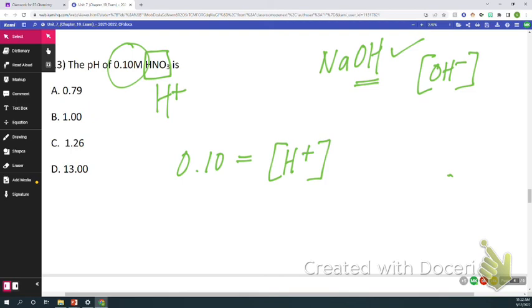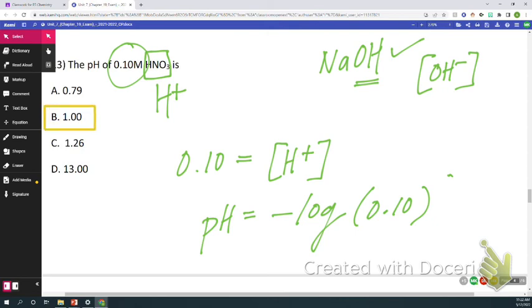So do you know what to do with that to get the pH? Negative log. Very nice, Bronson. Negative log of 0.10, and you get a pH of 1. Okay?